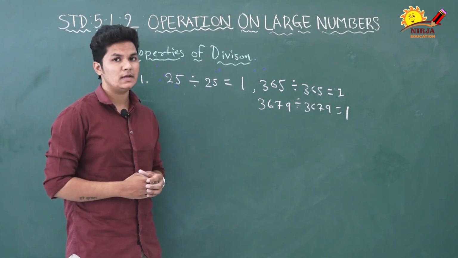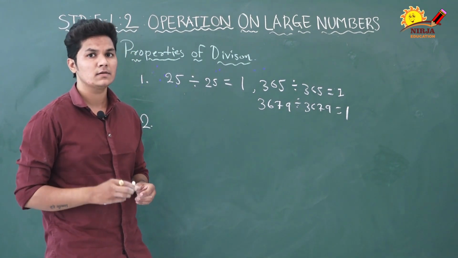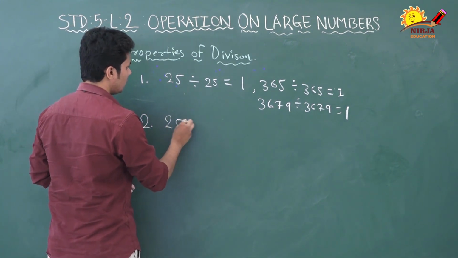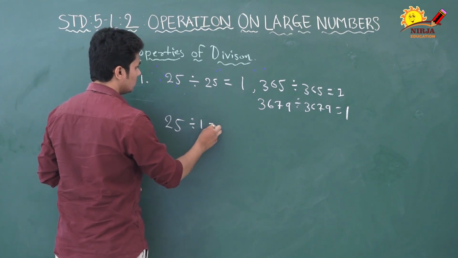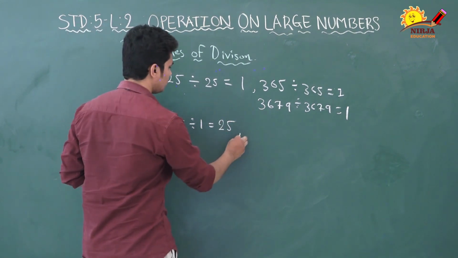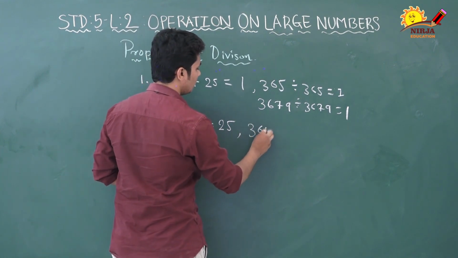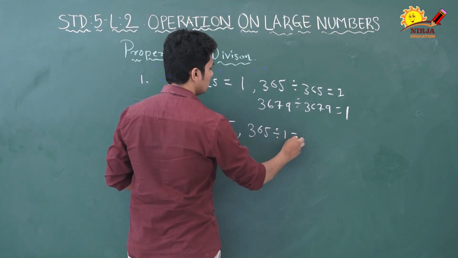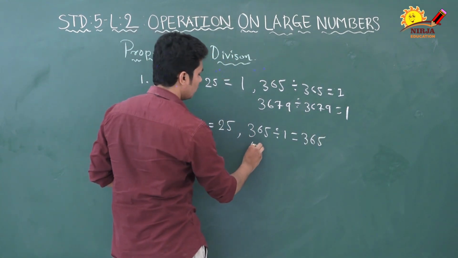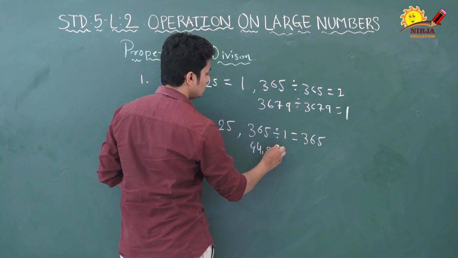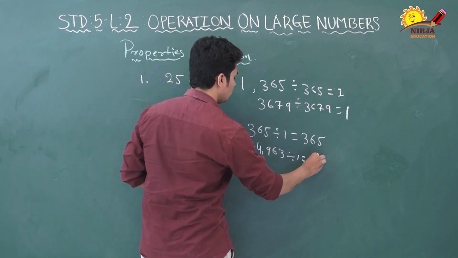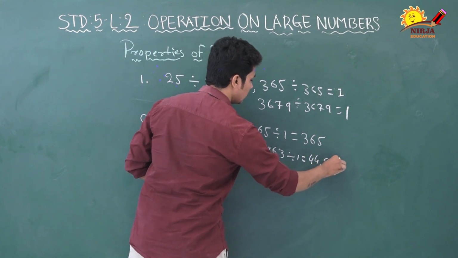Now, the second property is, when a number is divided by 1, the quotient is the number itself. For example, 25 divided by 1, the quotient is 25. 365 divided by 1, the quotient is 365. 44,963 divided by 1 is 44,963.